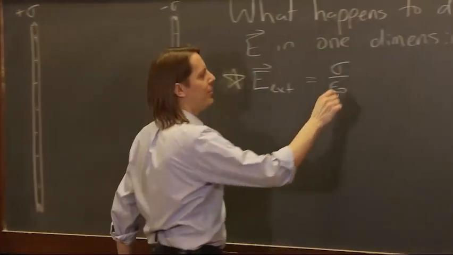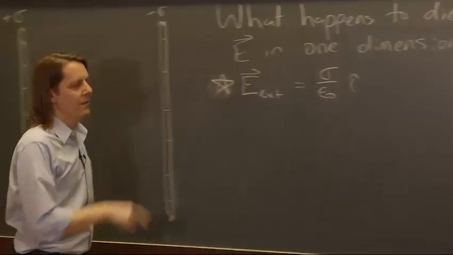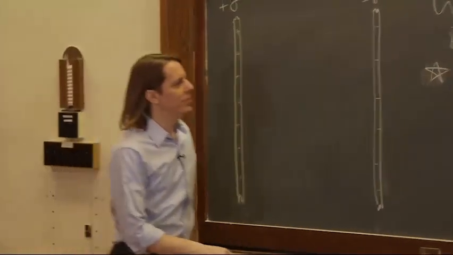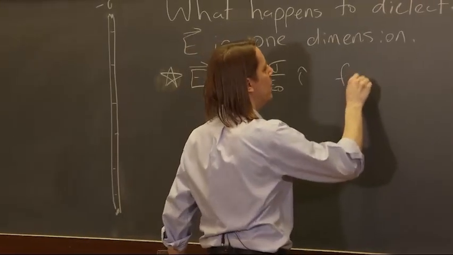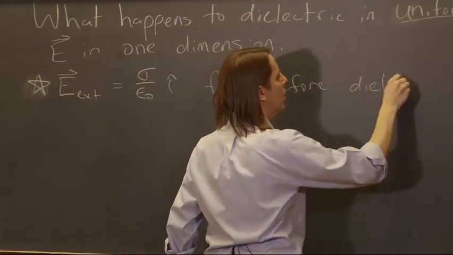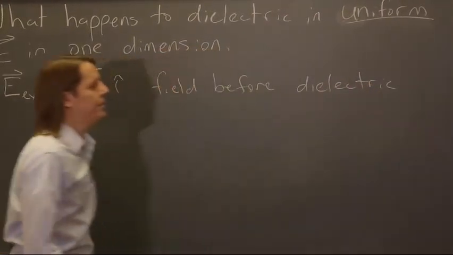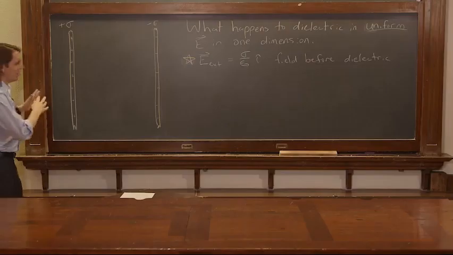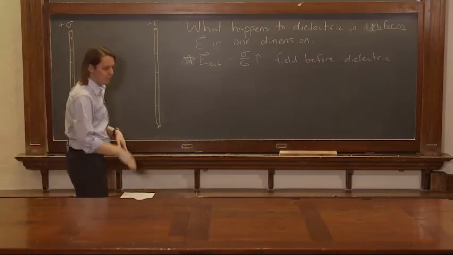It is just sigma over epsilon naught, and I'll go ahead and put an i hat. It's going to be that way from the positive to the negative direction. So this is the field before the dielectric. We sort of did this a little bit when we did capacitors, so this time we're going to do similar to what we did for capacitors, but we're going to go further.